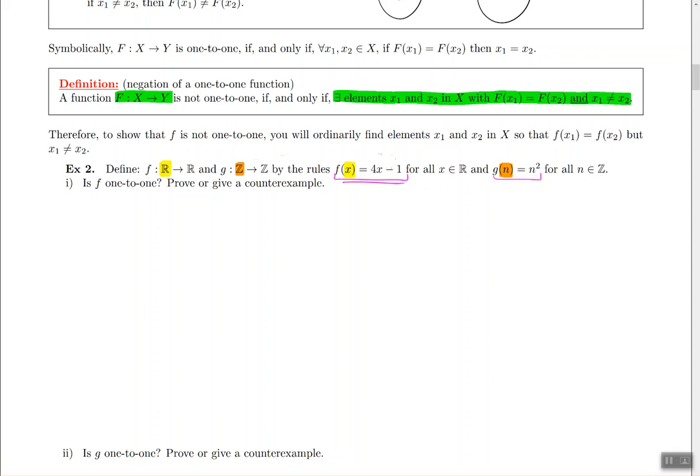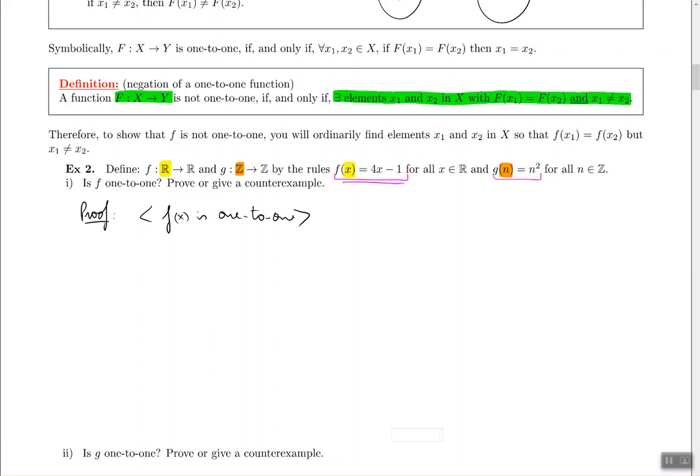If you think it's a no, you have to give me a y-coordinate that has two different pre-images. So think of a number in the codomain that has two pre-images. Unfortunately, you're going to have a hard time doing that because this function is one-to-one.